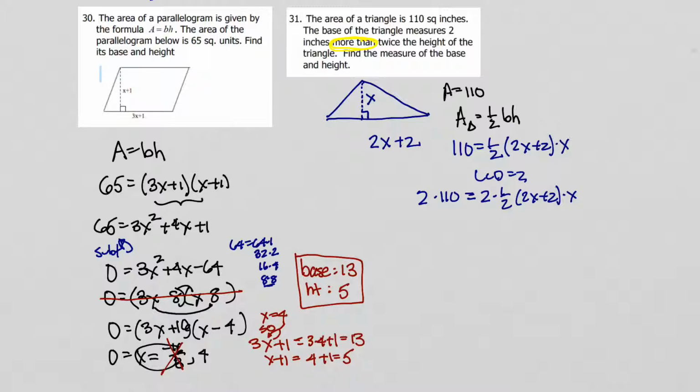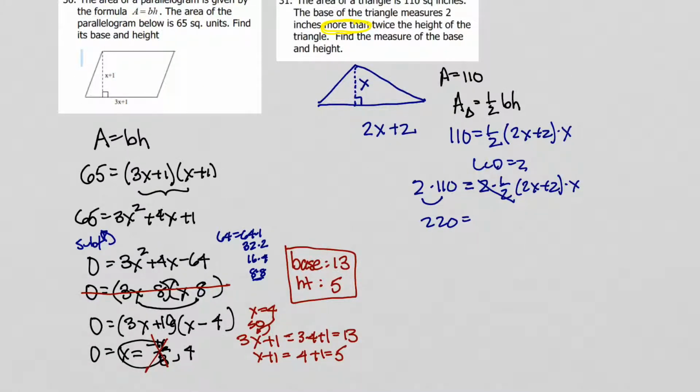On the left side, 2 times 110 is 220. On the right side, those 2's cancel, and we're left with 1 times this, so that's just (2x plus 2) times x. Let's multiply through. 220 equals 2x squared plus 2x.